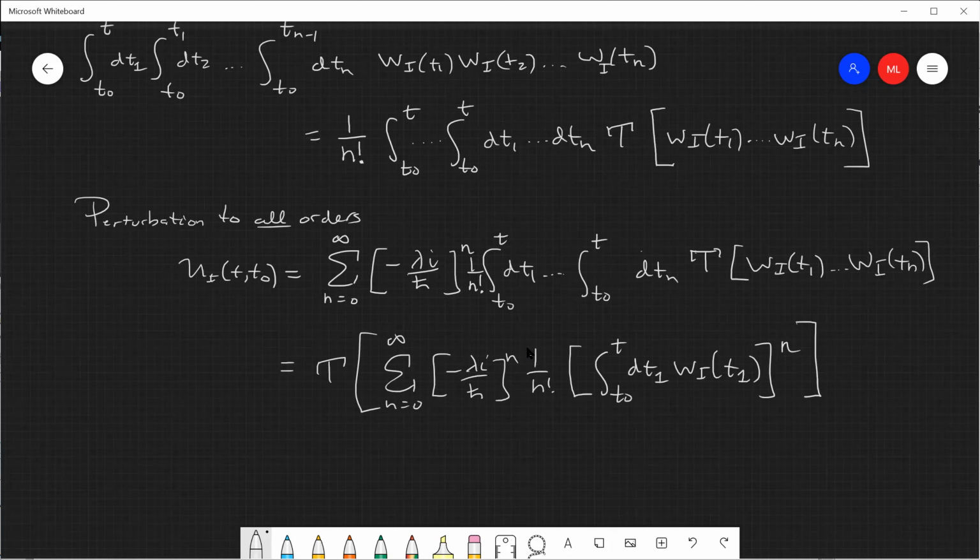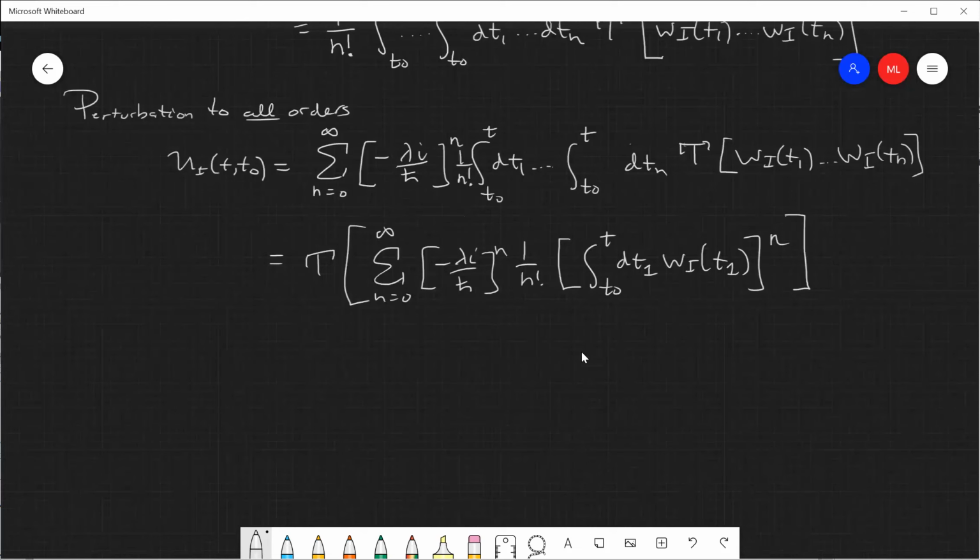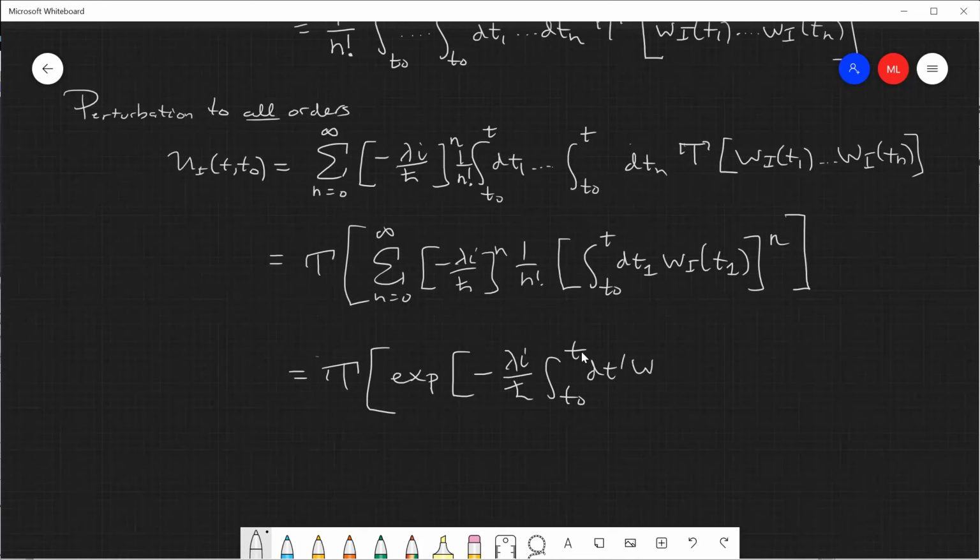And if I look carefully at this, this is nothing but the Taylor series for an exponential. So this is the time ordered operator exponential of minus lambda I over h bar integral from t naught to t dt, let's call it t prime now, I of t prime.